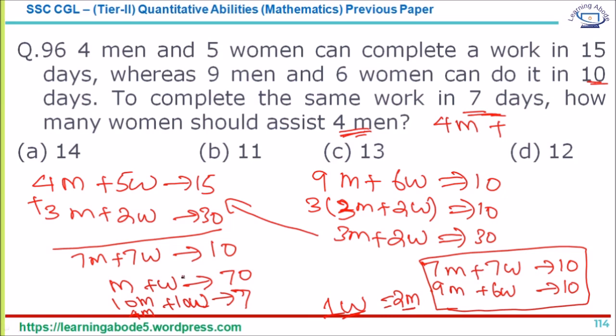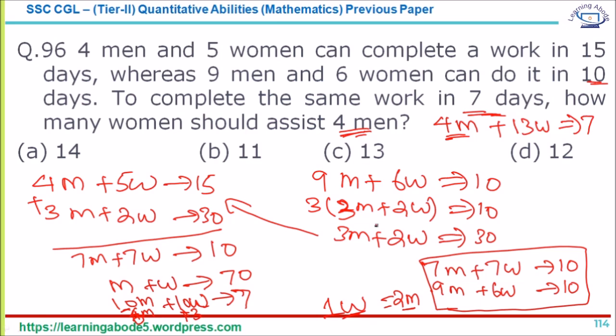So if we want to replace 6 men, we need 3 women. So if you're subtracting 6 men from this and you're making it 4 here, in that case we should add 3, because 2 men are equal to 1 woman. Okay, so 4 men plus 10 plus 3, 13 women, they can complete a task in 7 days.